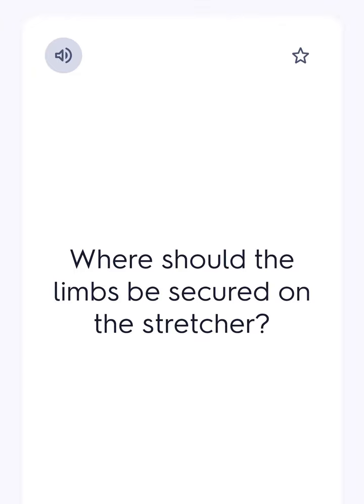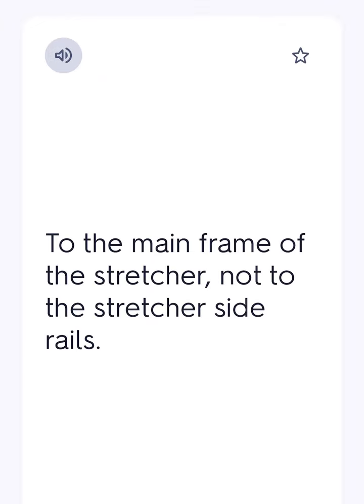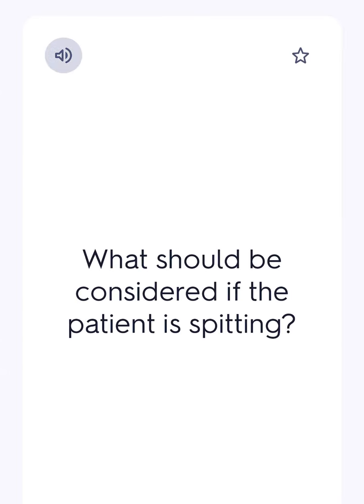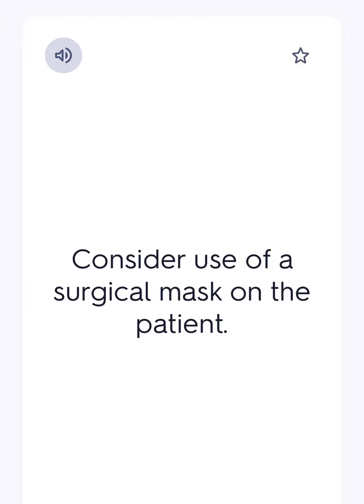Where should the limbs be secured on the stretcher? To the main frame of the stretcher, not to the stretcher's side rails. What should be considered if the patient is spitting? Consider use of a surgical mask on the patient.